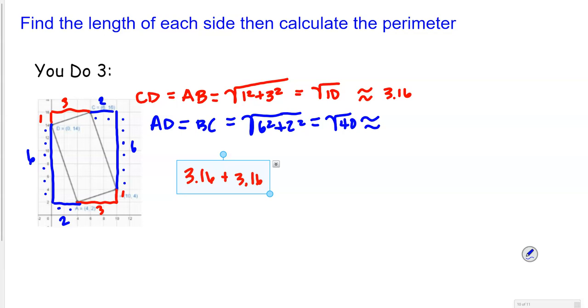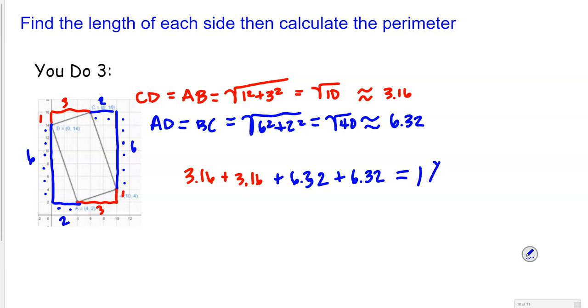So we got to round these to make sure that we have the right numbers. So the square root of 40 is 6.32. So that means we're going to add the 6.32 here. And remember, you could just multiply these by 2. So when we add all 4 of those together, we get 18.98 as our perimeter.